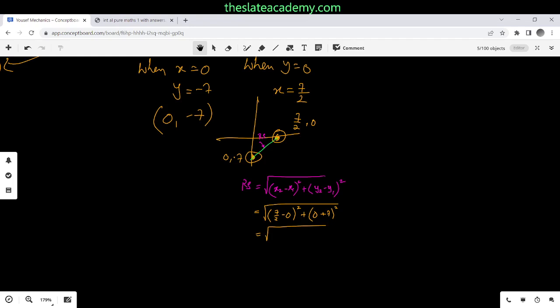The answer would be, no, it wouldn't be 10. It would be 49 over 4 plus 49, which gives 245 over 4. That would be 7.8, or in surd form it would be 7 root 5 over 2.